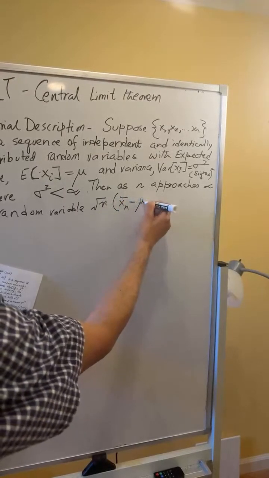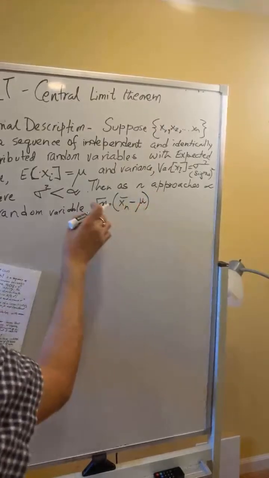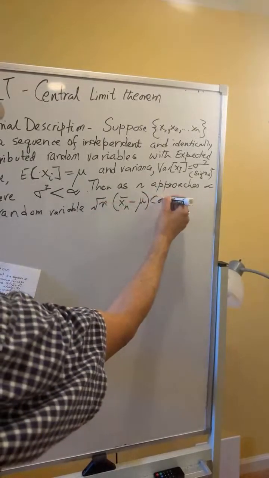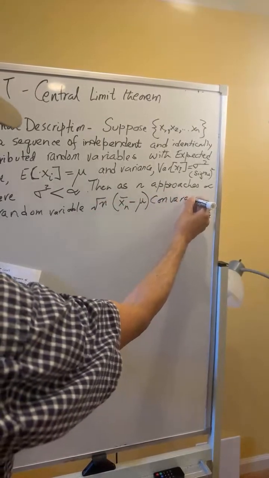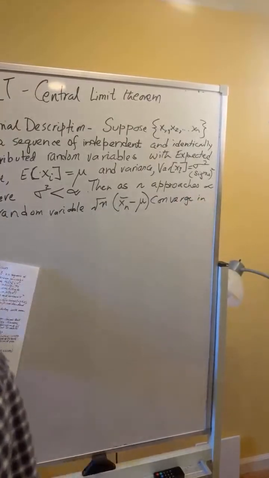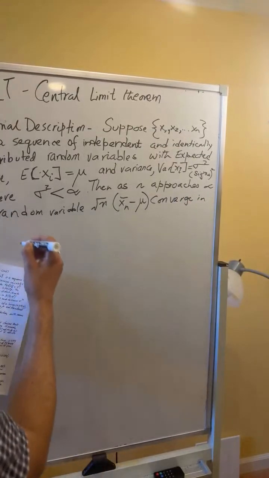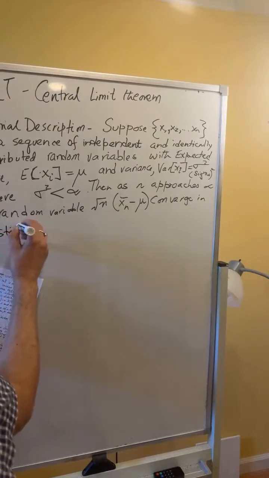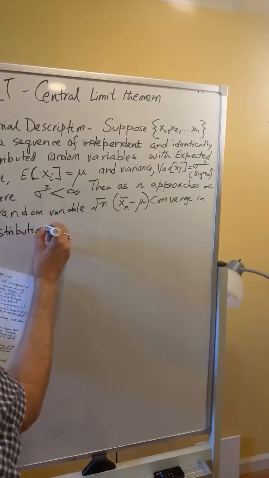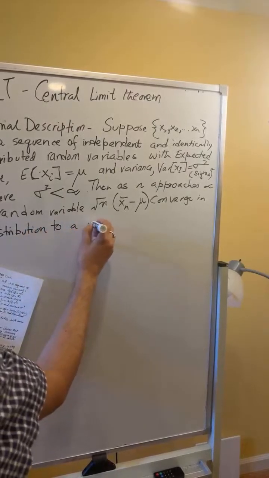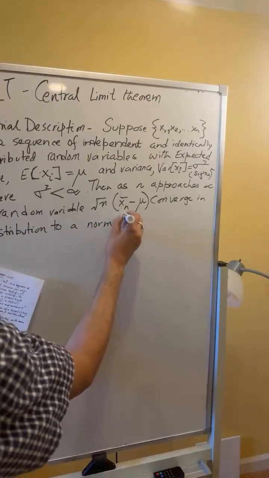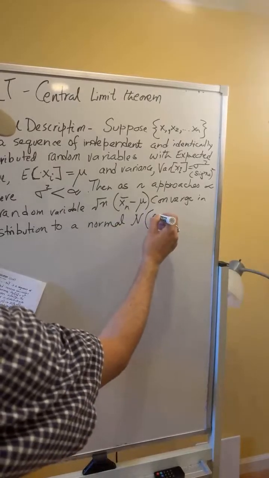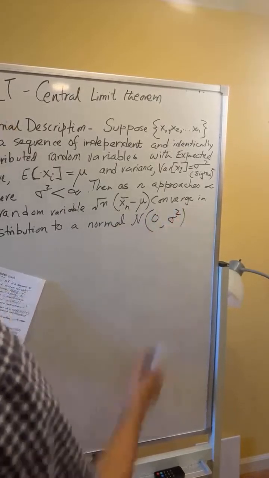And how far it is located away from the population mean, times the square root of the sample size, converges in distribution to a normal distribution with mean 0 and variance sigma square.